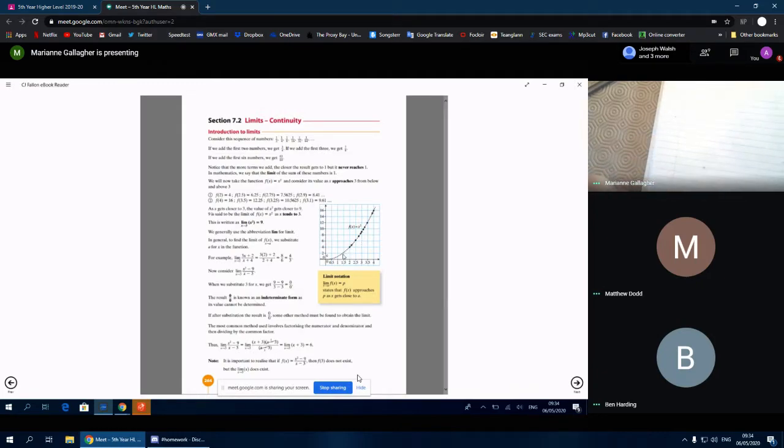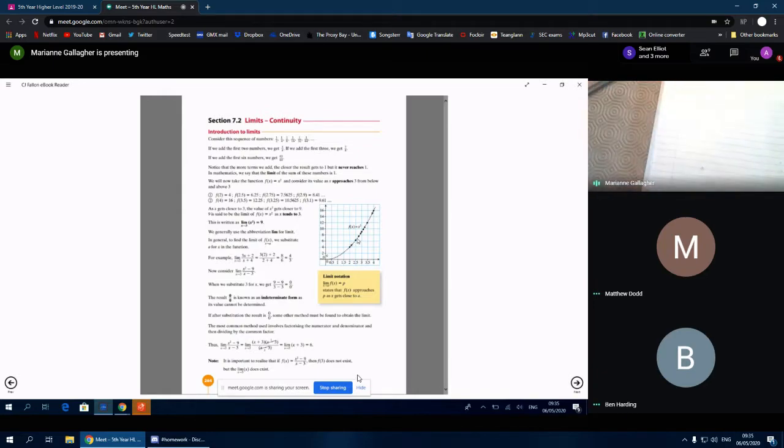You could be approaching 3 on the x-axis from the left, so you could start at 2 and then go to 2.5, 2.75, 2.8, 2.9, getting closer and closer to 3 from the left. Does that make sense?